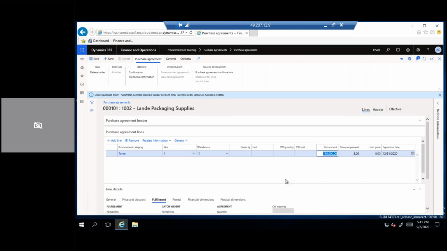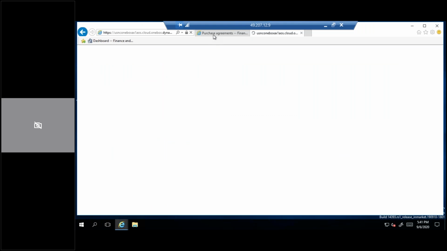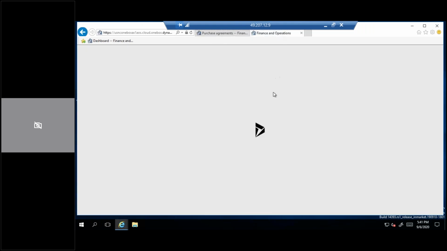So I'm selecting here. Suppose a purchase order was created. This is 525, purchase order is created.